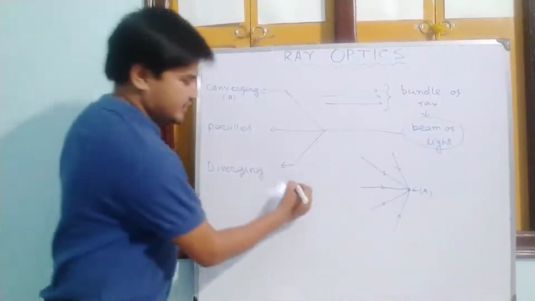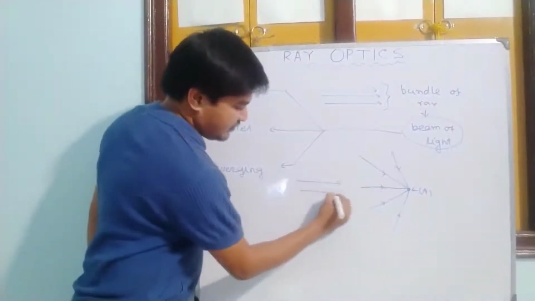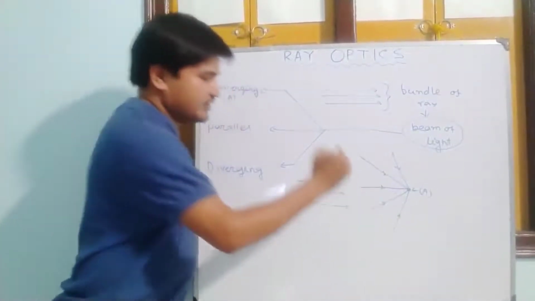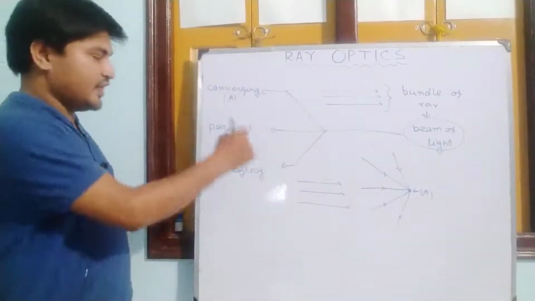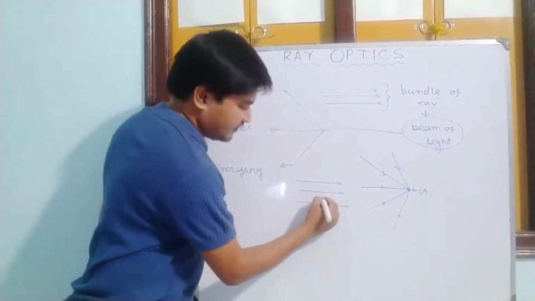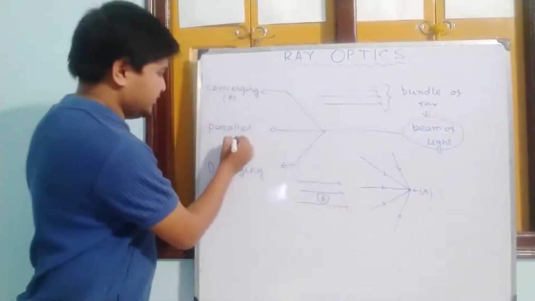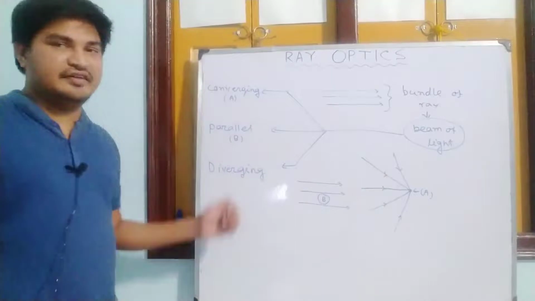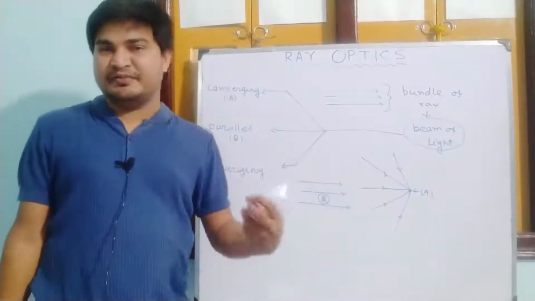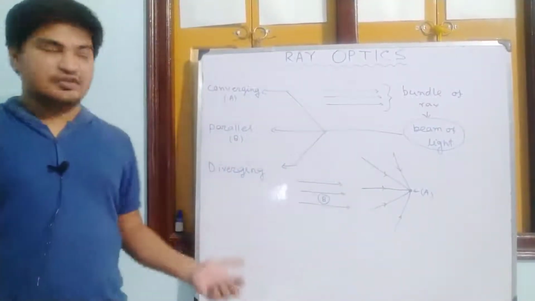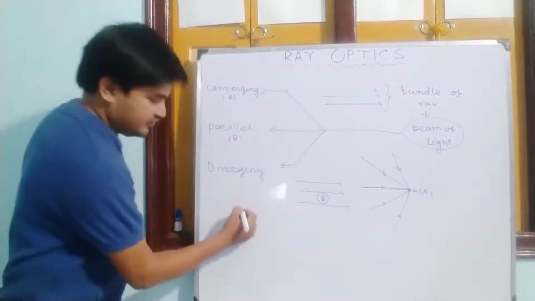And if the rays remain parallel with each other, then those rays are called a parallel beam of rays. This is B. And if the rays diverge from any point, then those rays are called diverging rays.